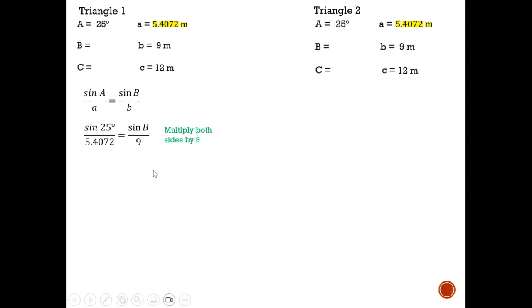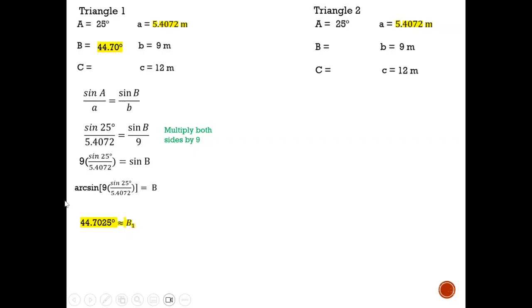Multiply both sides by 9. It's going to give us 9 times sine of 25 degrees over 5.4072 equals sine of B. So we take the arc sine of both sides. Enter into the calculator. It's going to give us 44.7025 degrees. So this is the angle B1, right?